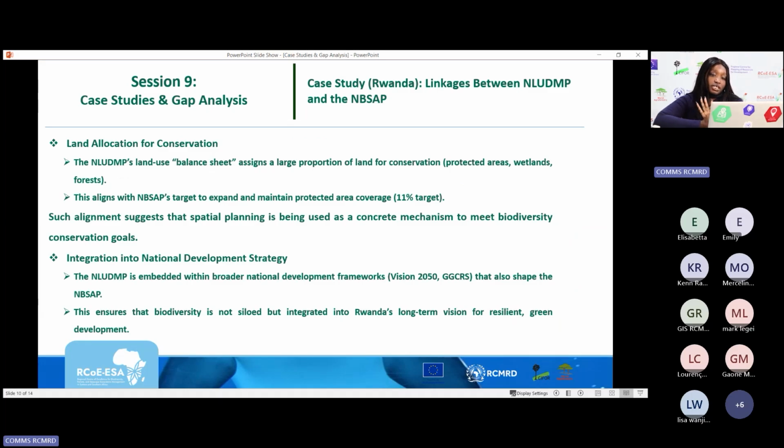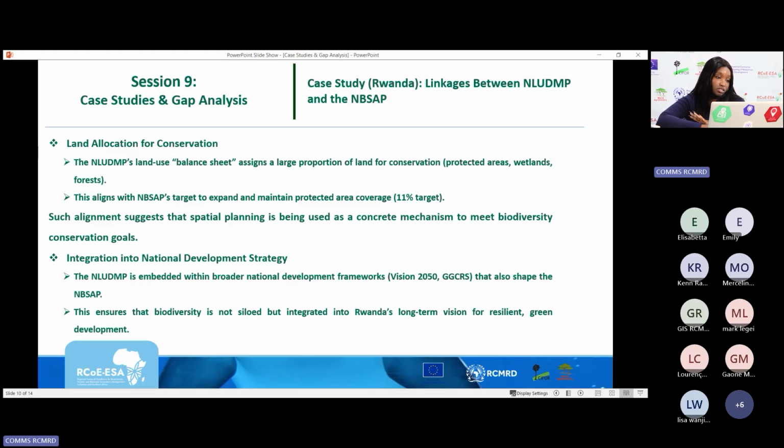So what's the linkage now between this National Land Use Development Master Plan and the current NBSAP? Just to highlight a few, land has been clearly allocated for conservation. From the balance sheets that we've mentioned from the National Land Use Development Master Plan, a large portion of land has been assigned to conservation, that is the protected areas, wetlands, forests, and all that.